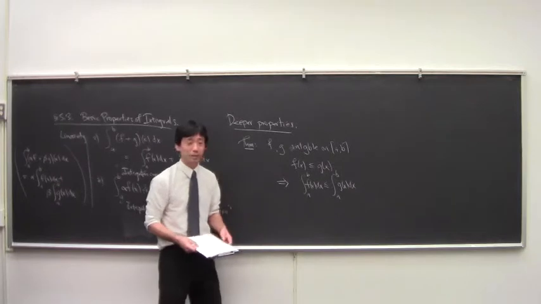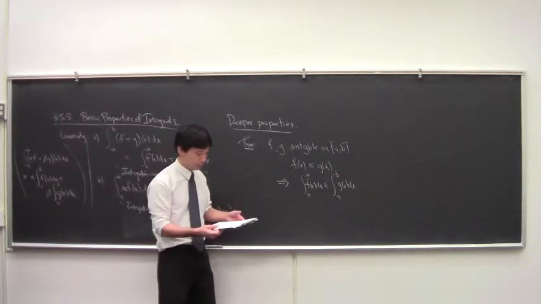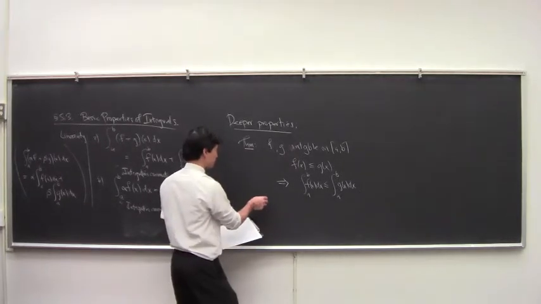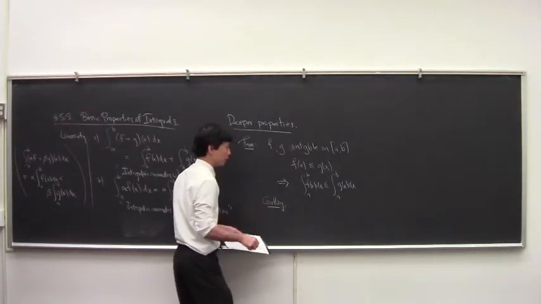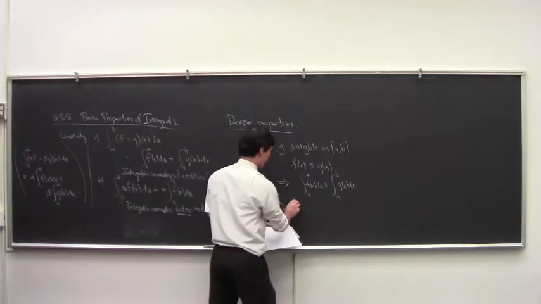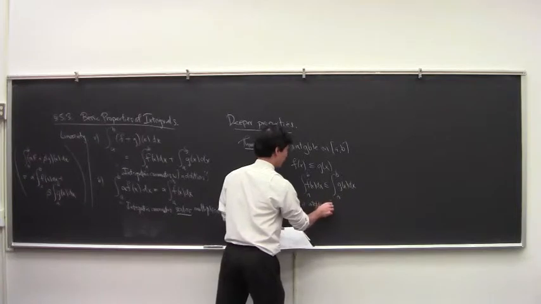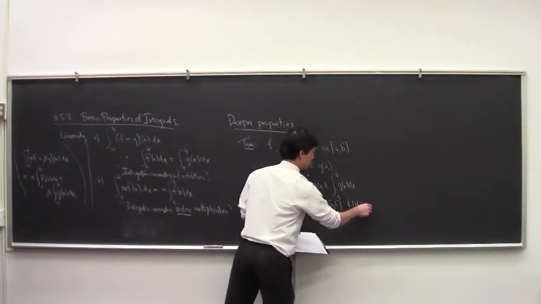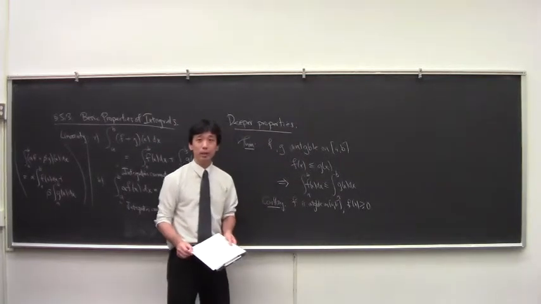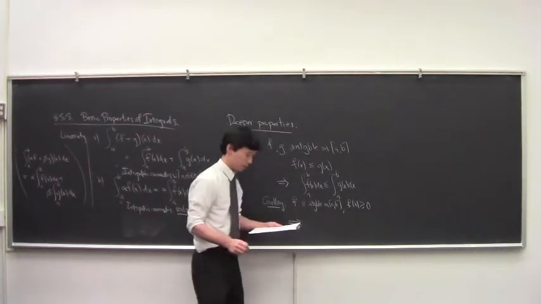Okay, so that's probably pretty obvious. The second one is a consequence of that. If f is integrable on a, b, and the value of f is always greater than or equal to 0, then what?